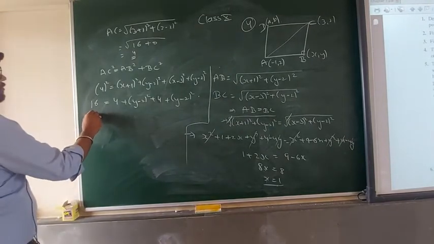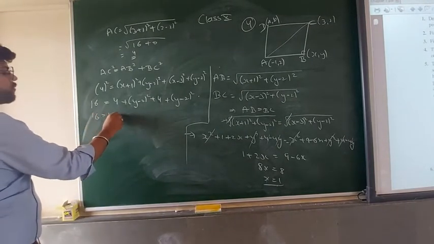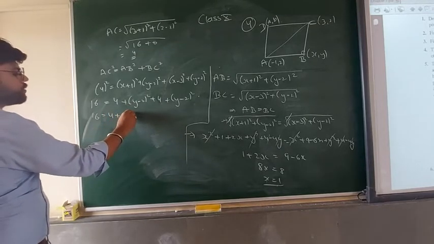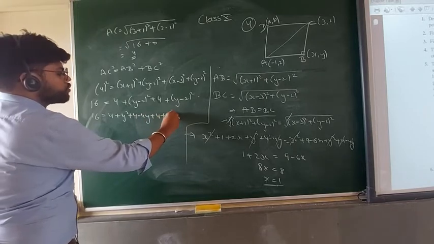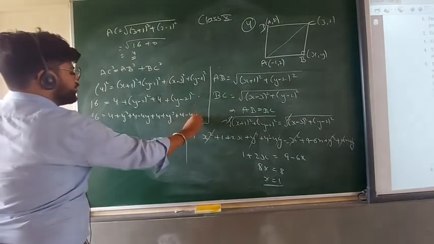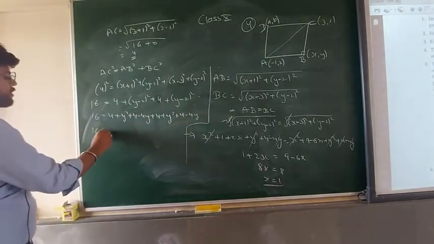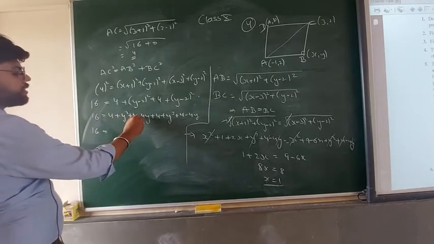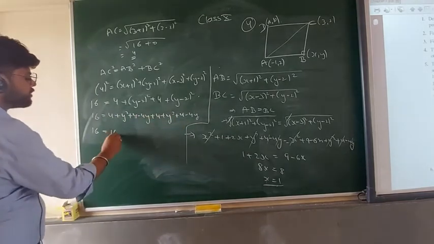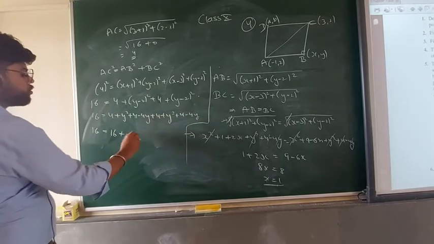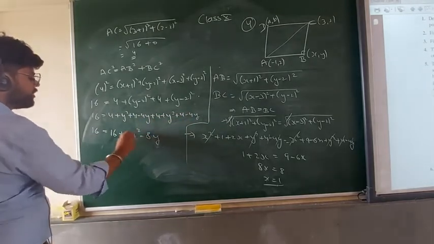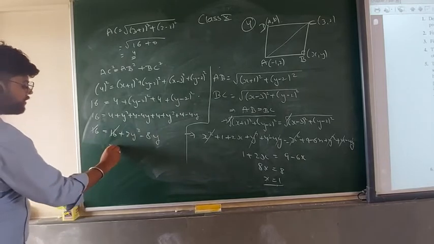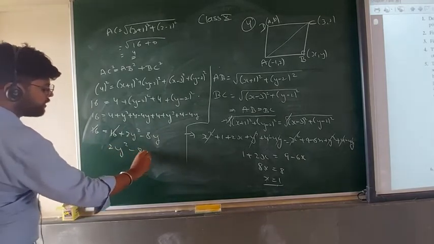And 16 is equals to 4 plus, open it, y square plus 4 minus 4y plus 4 plus y square plus 4 minus 4y. Now listen carefully. 16 is equals to, now calculate 4 plus 4, 8, 8 plus 4, 12, 12 plus 4, 16. y square plus y square is 2y square, minus 4y minus 4y is minus 8y. The 16 will be cancelled. So what will be left here? 2y square minus 8y equals to 0.